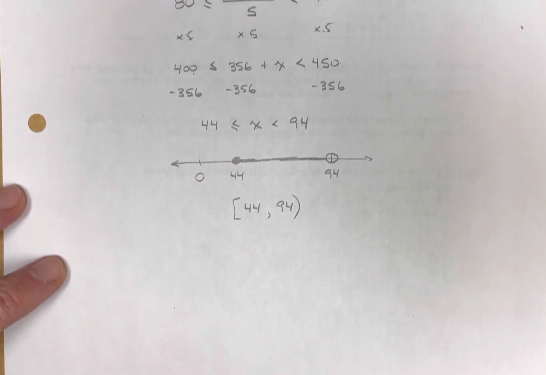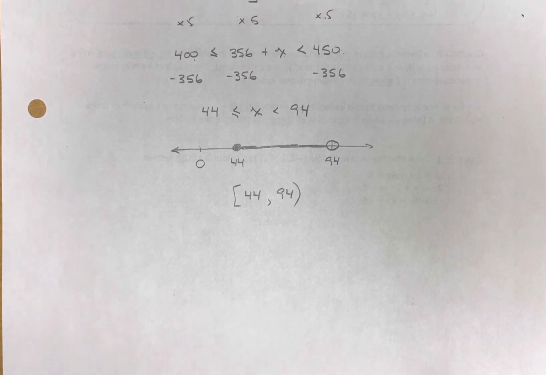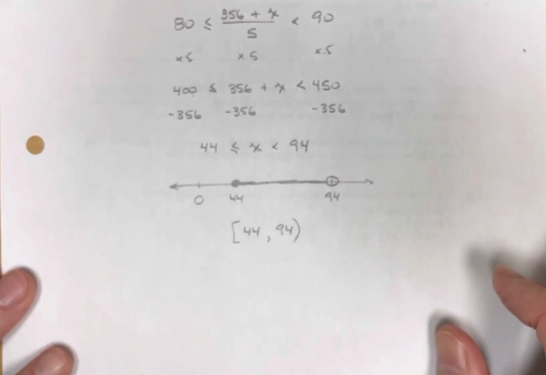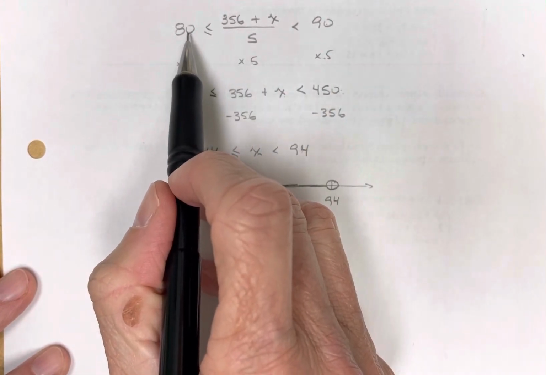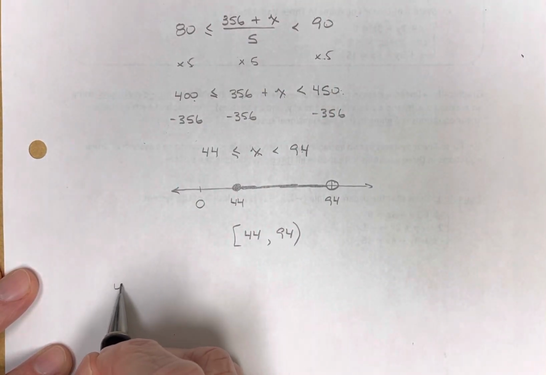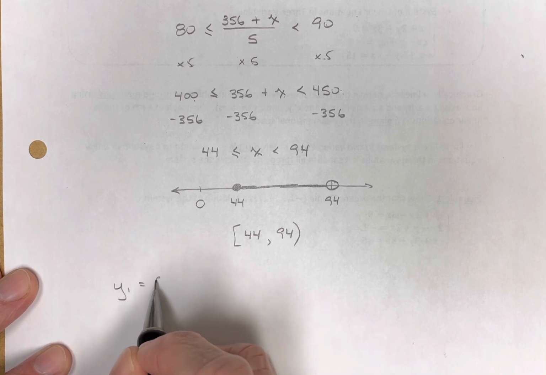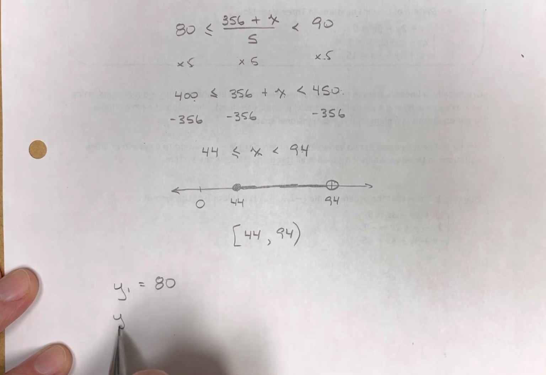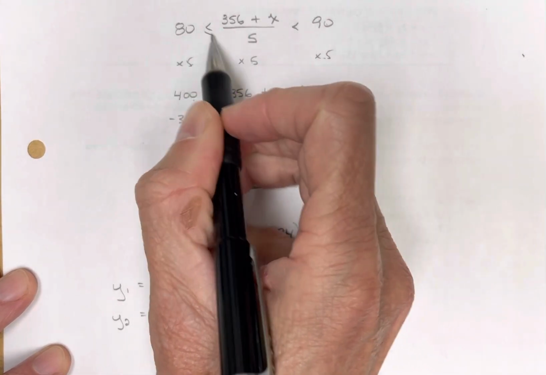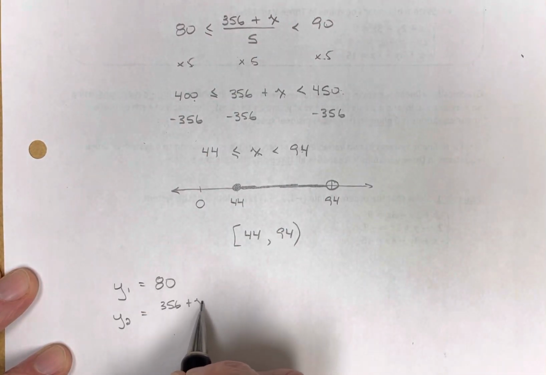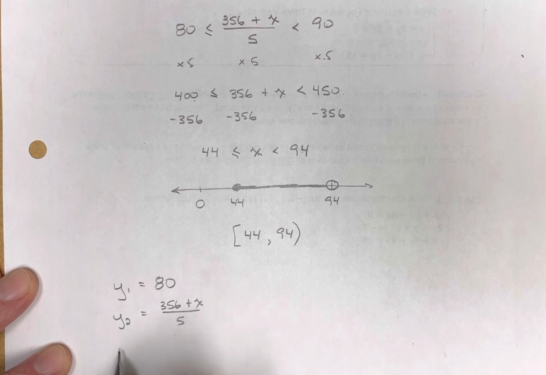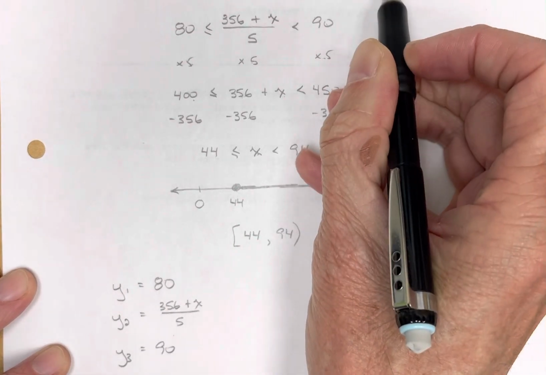Now let's take a look at this graphically using Desmos. And I'll focus on this one here. I'll have three equations. So I'll say I want a y1 to be 80. I want a y2 to be this piece here, 356 plus x over 5. And I want a third equation to be the 90 over here.